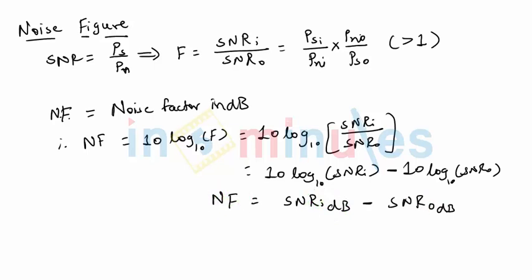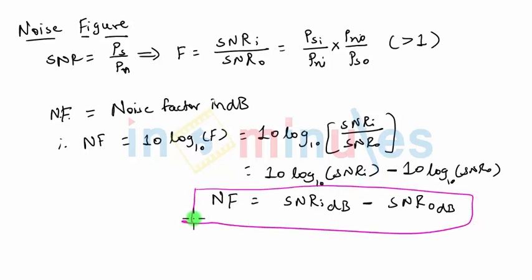So whenever we are dealing with SNR in dB and not in terms of normal value, it makes more sense to use noise figure instead of noise factor, because noise figure can be simply obtained by subtracting the SNR values which are represented in dB. Because we have just now seen that SNR on the input side will be greater than SNR on the output side, like noise factor, noise figure will always be greater than 0 dB.